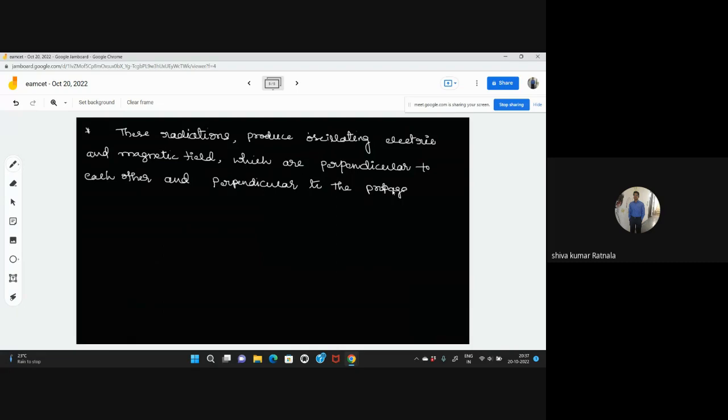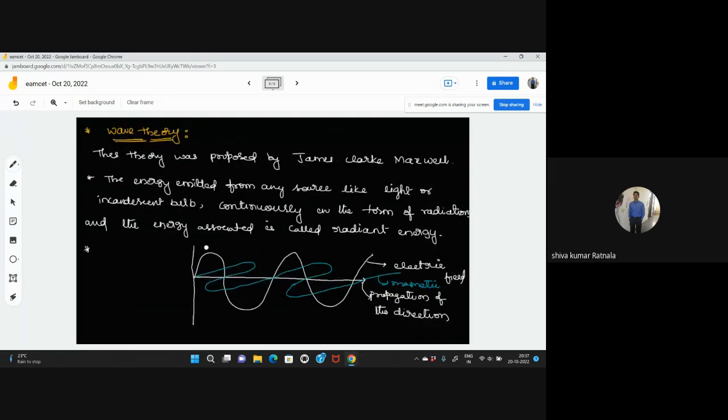The electric field and magnetic field are perpendicular to each other, and the direction of propagation is also perpendicular.